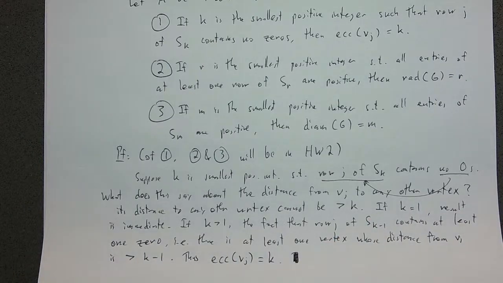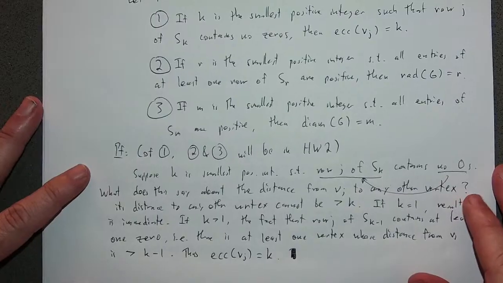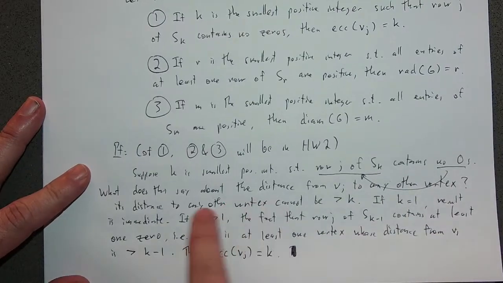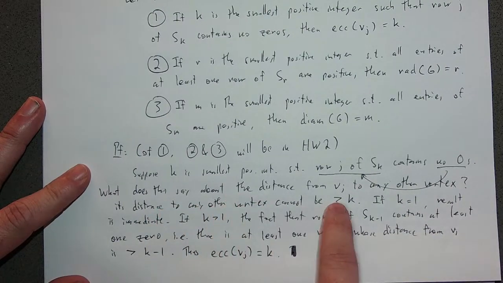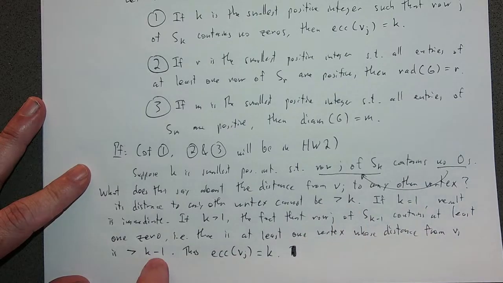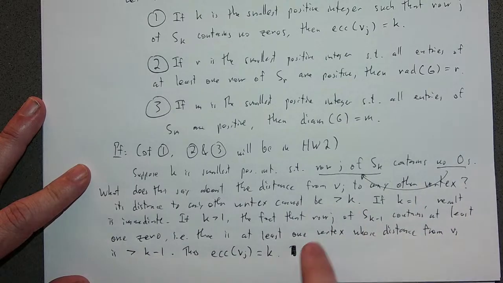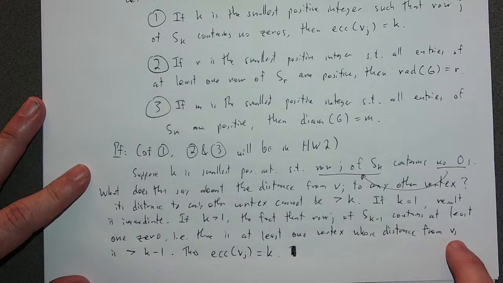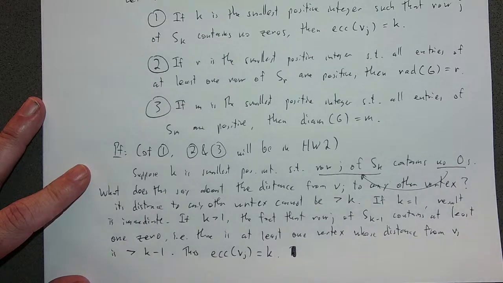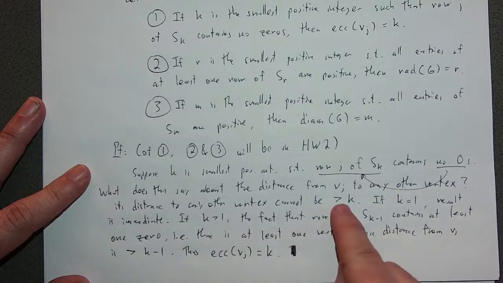Recall how eccentricity was defined in the first place: the greatest distance from V to any other vertex. Since the distance cannot exceed k, and there's at least one vertex whose distance from Vj is greater than k minus 1, there's at least one vertex whose distance from Vj is k, but it can't exceed k.